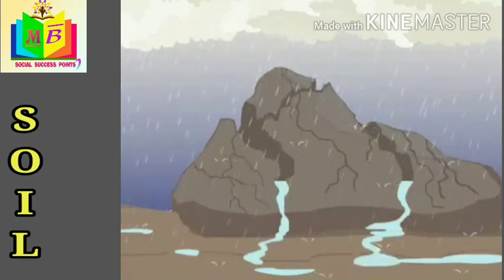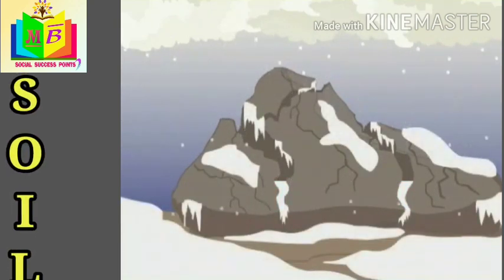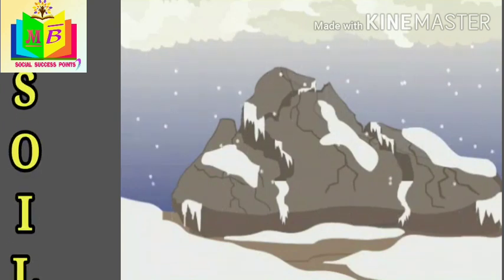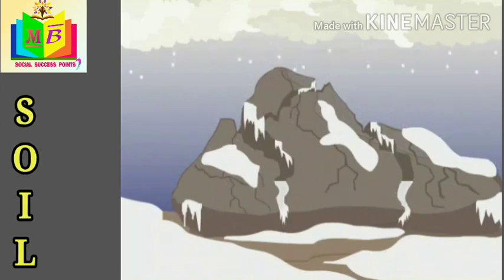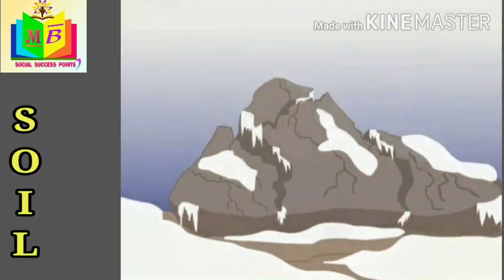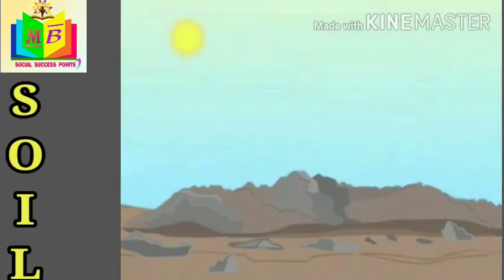The rain collects in these cracks and may freeze in winter, forming ice. The ice in the crevices expands, causing the rocks to break into smaller pieces. Sometimes, due to strong winds and other natural causes, rocks may roll down, scrape each other, and break into smaller pieces.